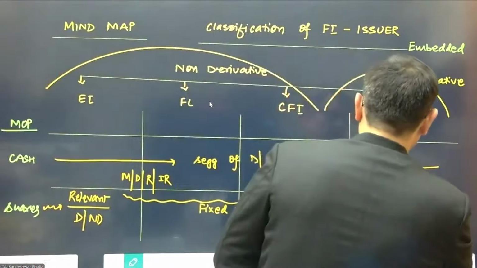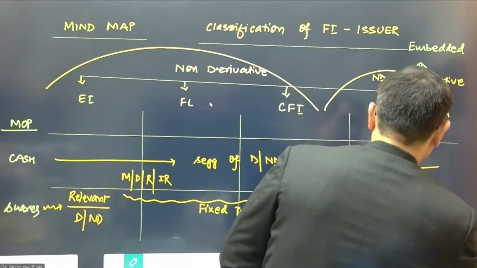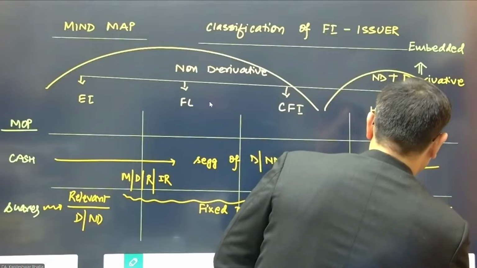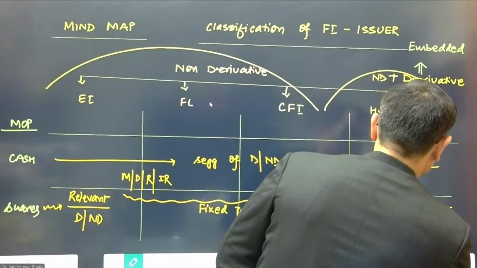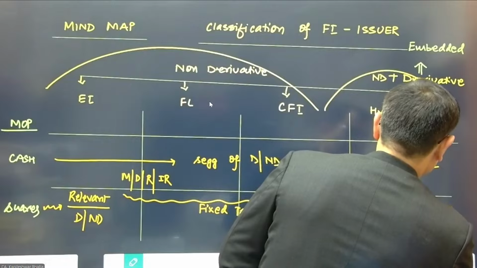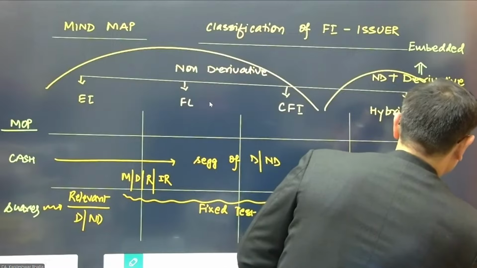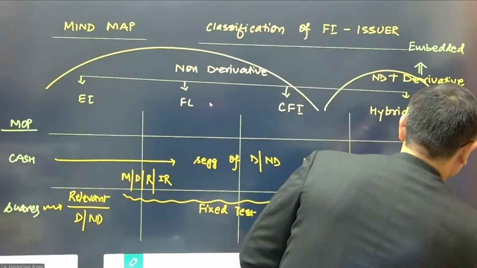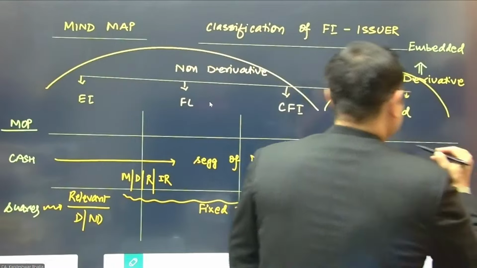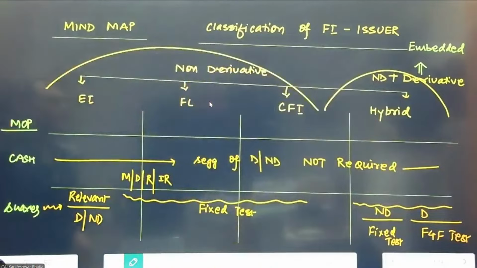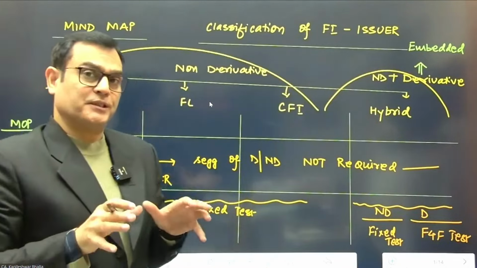When it comes to a derivative and a non-derivative, to the non-derivative you apply the fixed test, of course. And as far as the derivative element is concerned, you need to apply the fixed for a fixed test and then take a call.